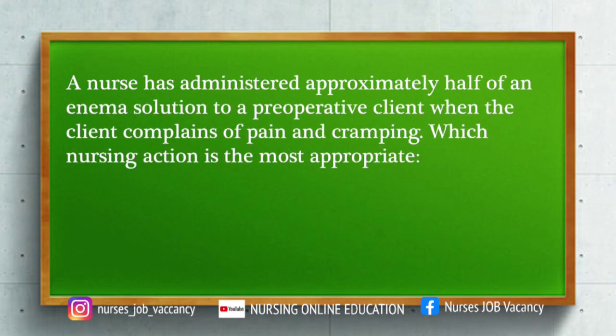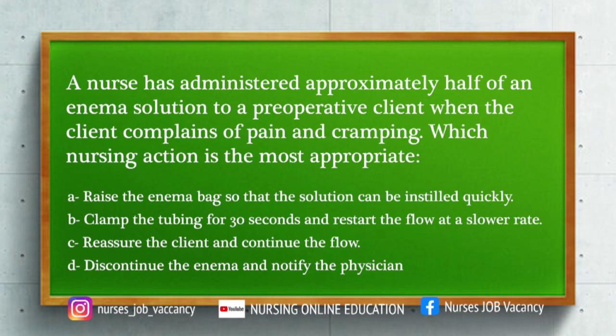Next question. A nurse has administered approximately half of an enema solution to a preoperative client when the client complains of pain and cramping. Which nursing action is the most appropriate? A. Raise the enema bag so that the solution can be instilled quickly.